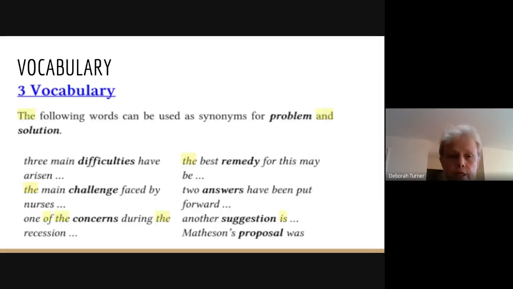There's also some vocabulary here, because these are words that you can use instead of problem and solution. You might be tired of using problem. So another word you can use will be difficulty, or a challenge, or a concern. Another word for a solution could be a remedy, an answer, a suggestion, maybe a proposal.